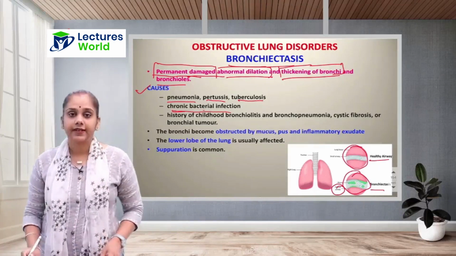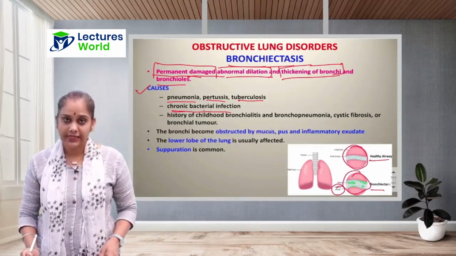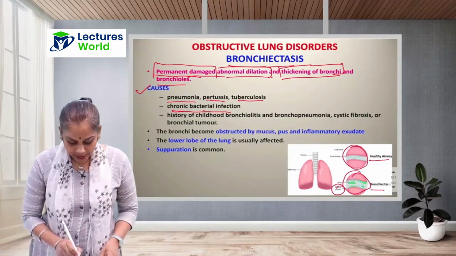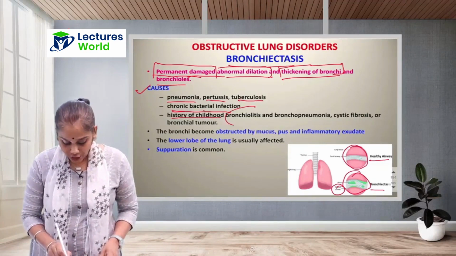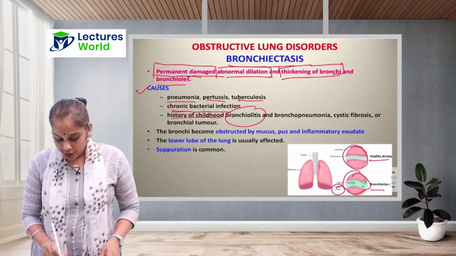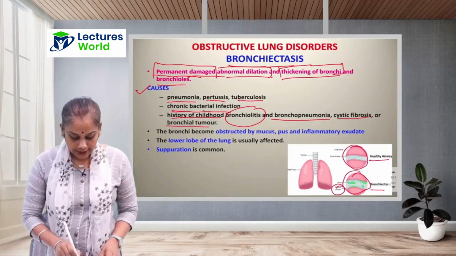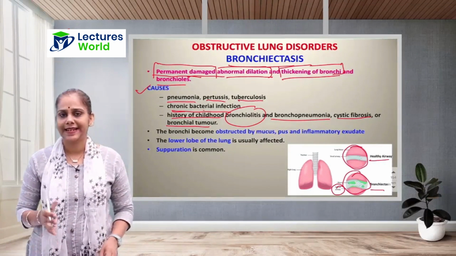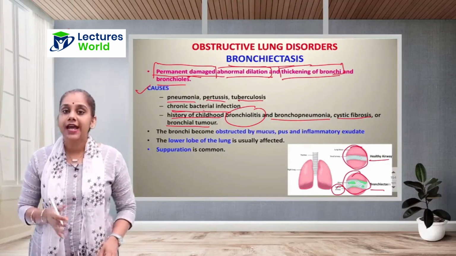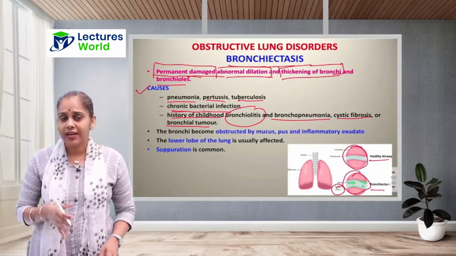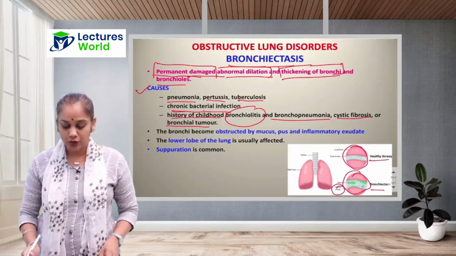Chronic bacterial infections in the lower respiratory tract, a history of childhood bronchiolitis and bronchopneumonia, cystic fibrosis or bronchial tumor. Is there any tumor? Is there any fibrosis during childhood? During childhood there is pneumonia, there is bronchiolitis.